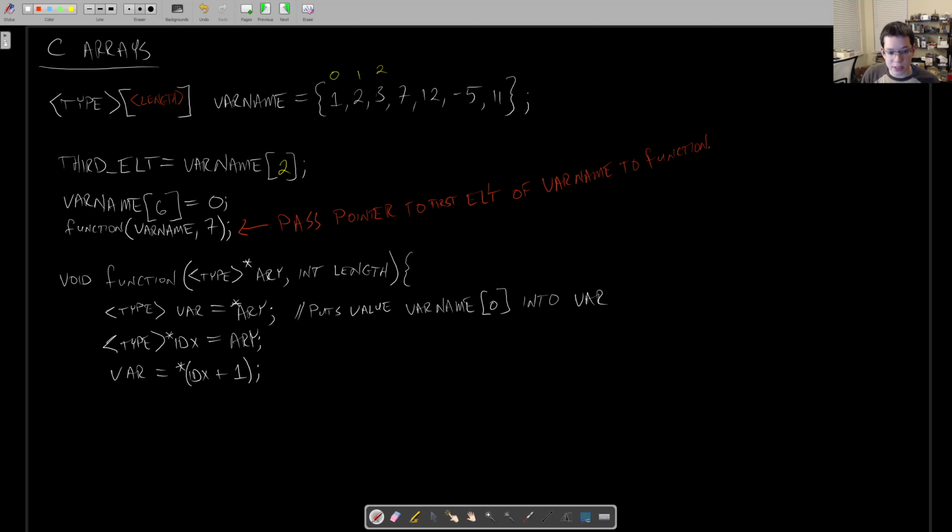And then I put it in parentheses to say this whole thing, I want to dereference it using this star. This whole thing says go to address idx plus 1 and give me the value that's in that address. And then put that value in var.